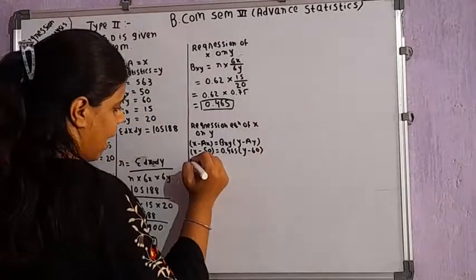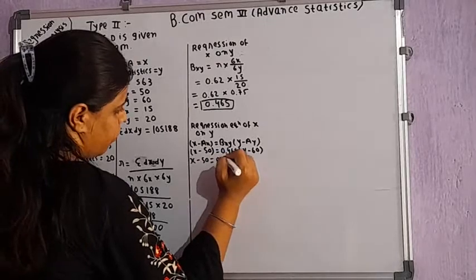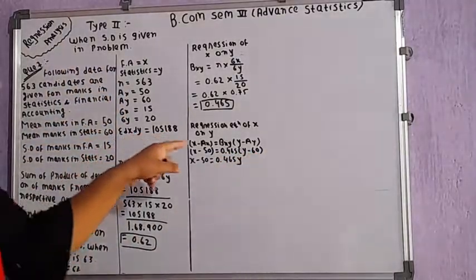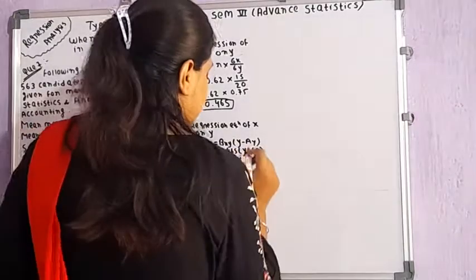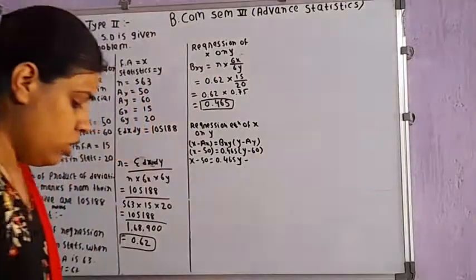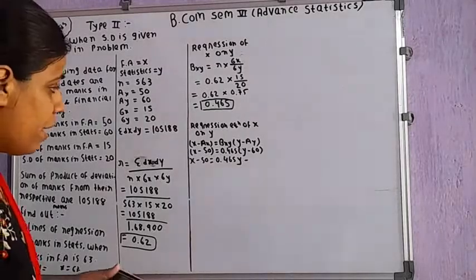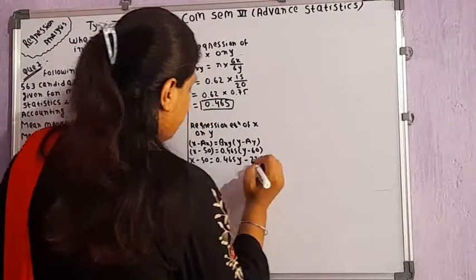Now x minus 50 is equals to 0.465y. Then 0.465 into minus 60. Okay, plus into minus, minus. So 0.465 into minus 60. So it will come to minus 27.9.